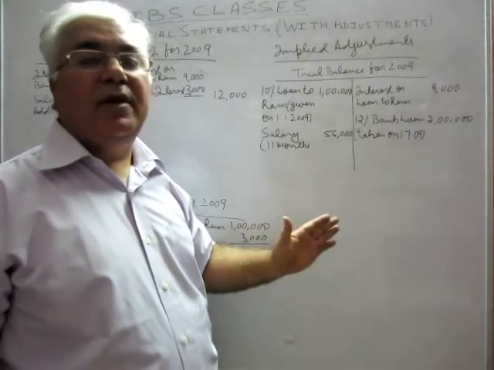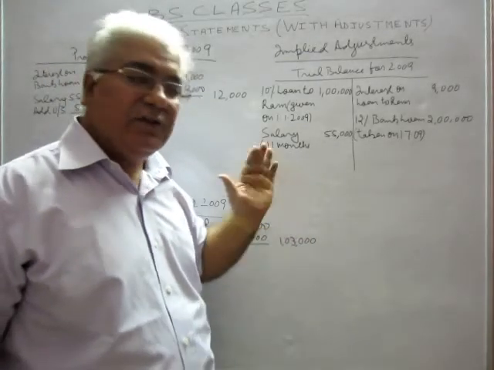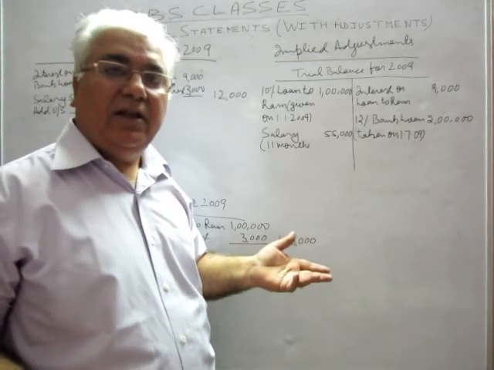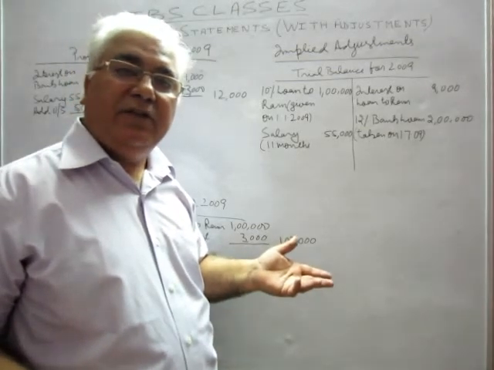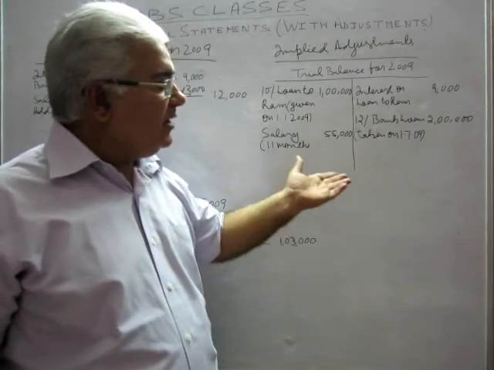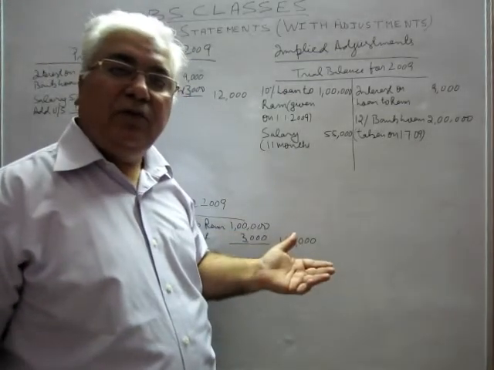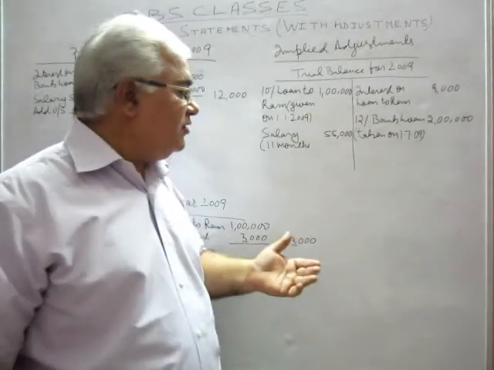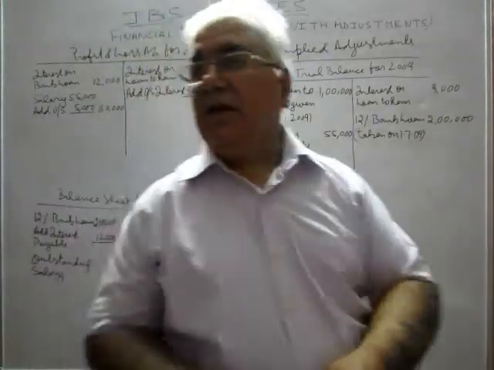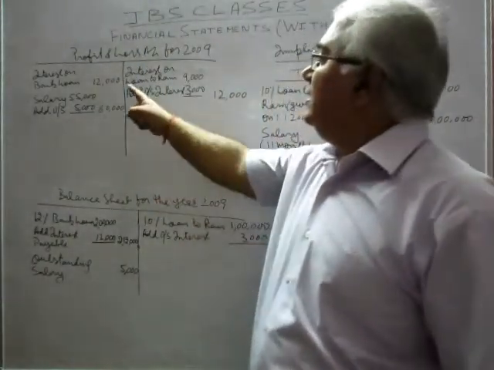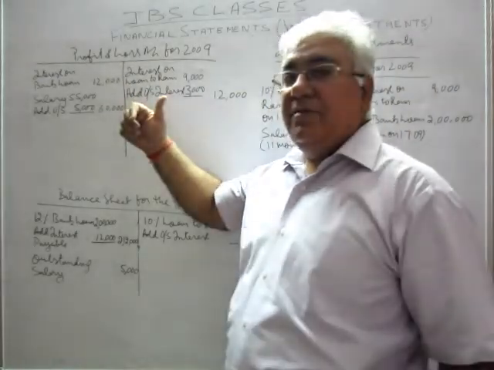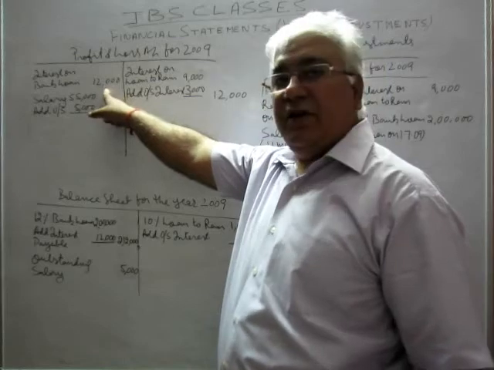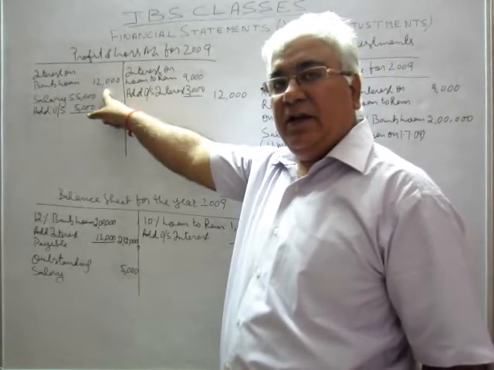That means we have not made payment for this 12,000. Now we must create a liability. So what shall be the entry for this? Bank loan account debit to interest payable. And because of this, the interest payment being an expense will be shown on the debit side of profit and loss account.